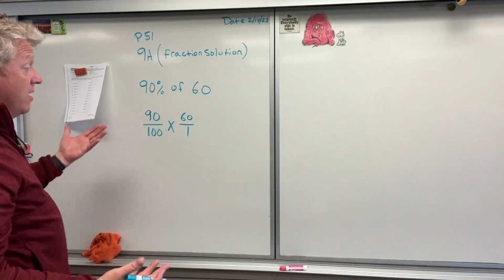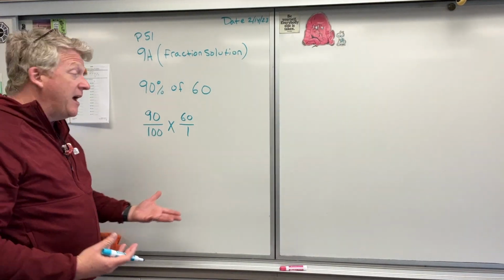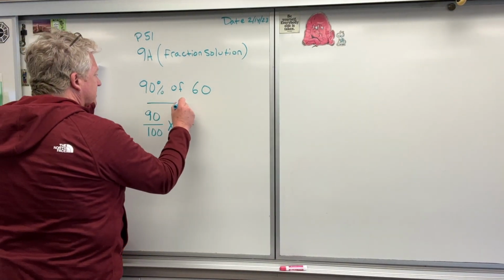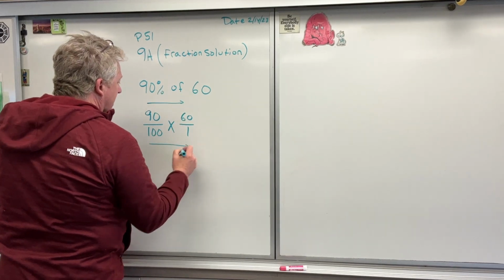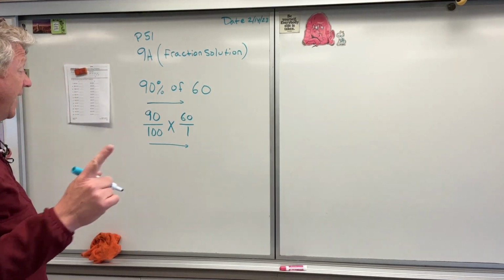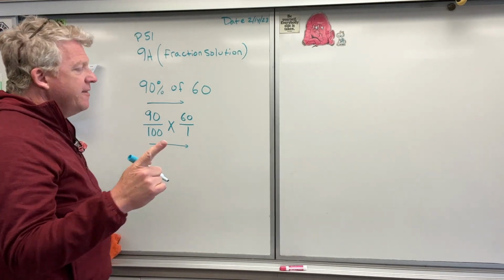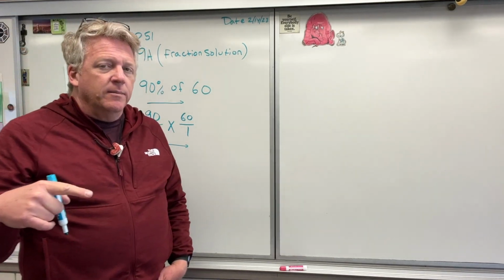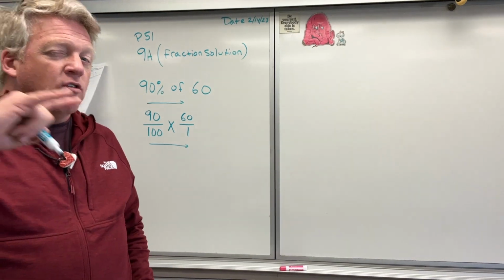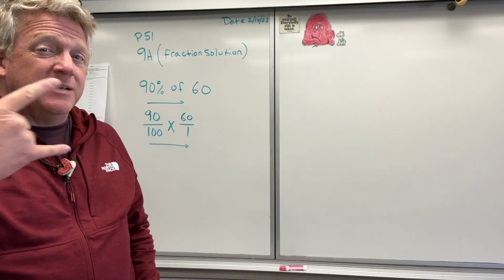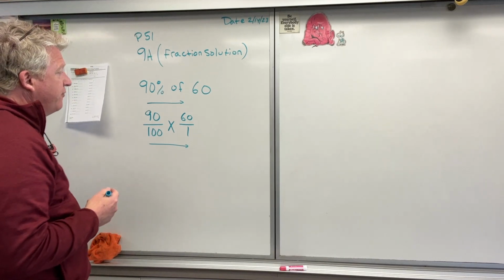And then here you are in a situation where you're going to be multiplying fractions. Remember that we multiply across the top, you multiply across the bottom for that solution. But I want to also remind you that we had a lesson not too long ago about cross-simplifying and pre-simplifying a multiplication of fractions problem.